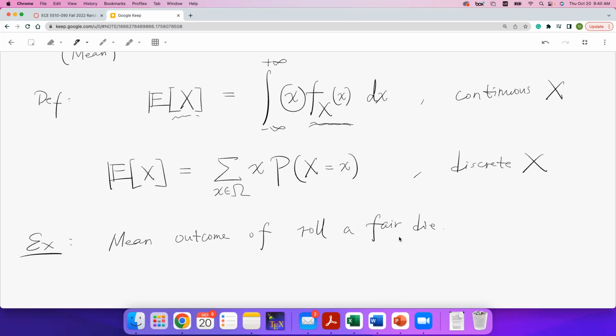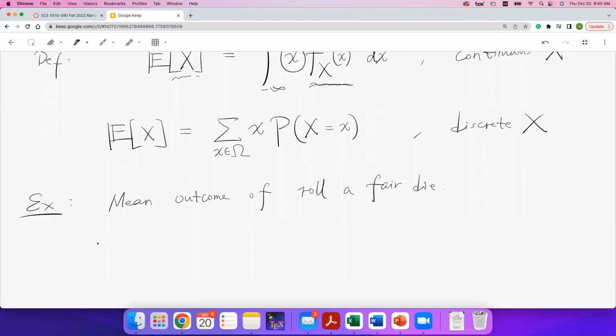You roll a fair die, what is the expected number that you can get? Well, we know we have 6 different outcomes, and each has a probability 1/6 because it's a fair die. So we just leverage the discrete expectation formula.